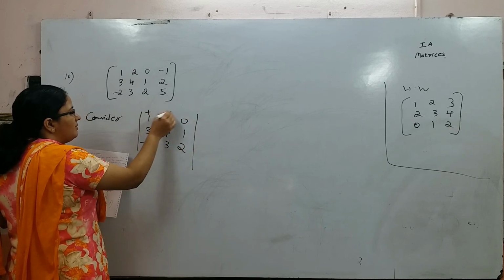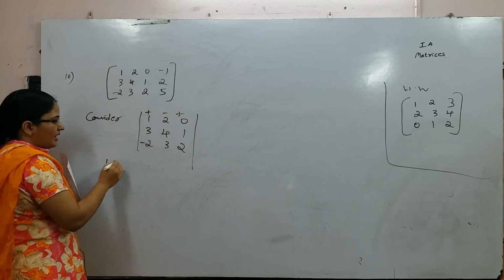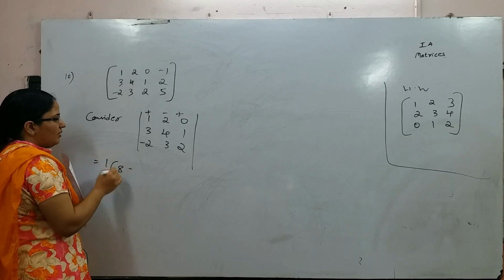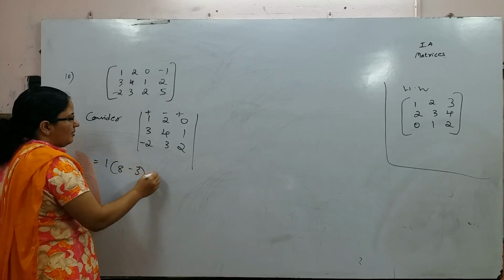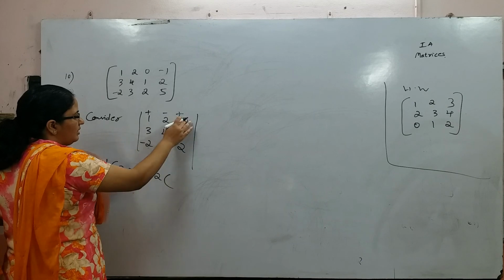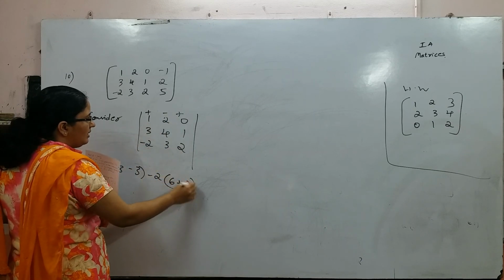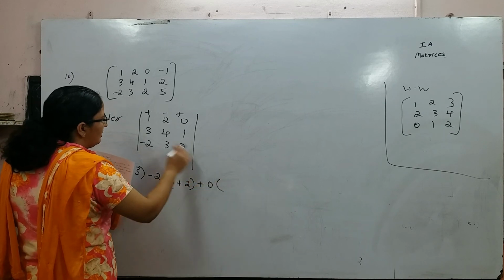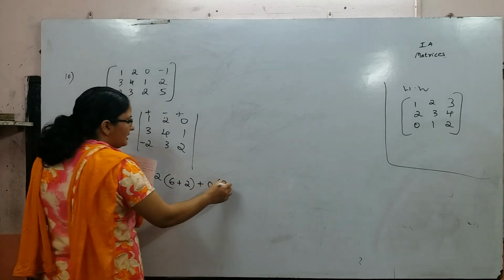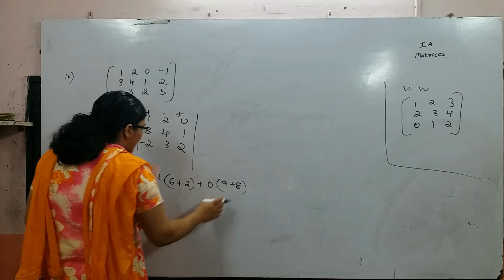Take signs as plus, minus, plus. 1 into 8 minus 3, minus 2 into, close this column, close this row, 6 plus 2, plus 0 into 9 plus 8. This part gives us 0.